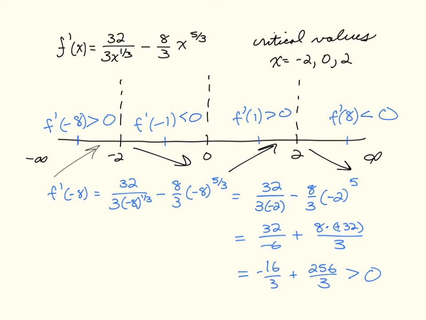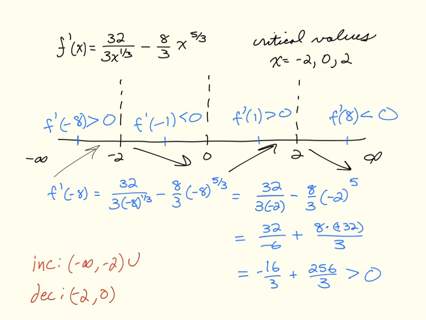So down here in the lower left, the original function is increasing from -infinity until -2. On the next interval here, the original function is decreasing. So it is decreasing from -2 until 0.